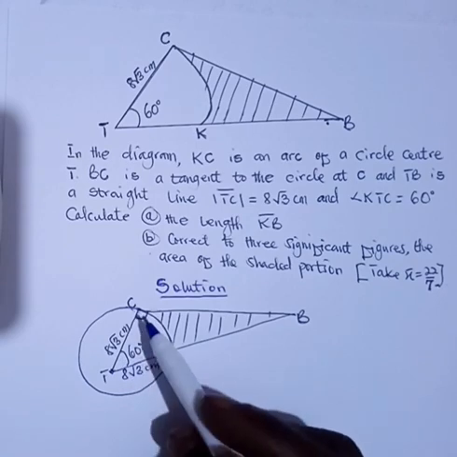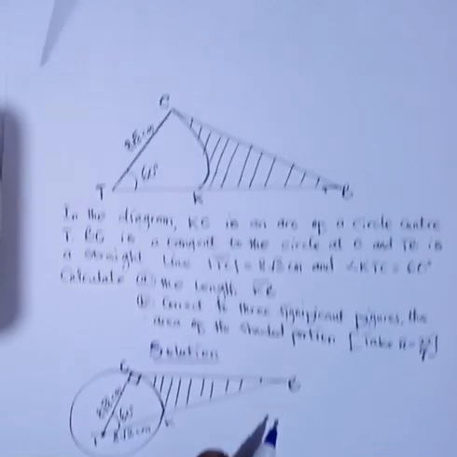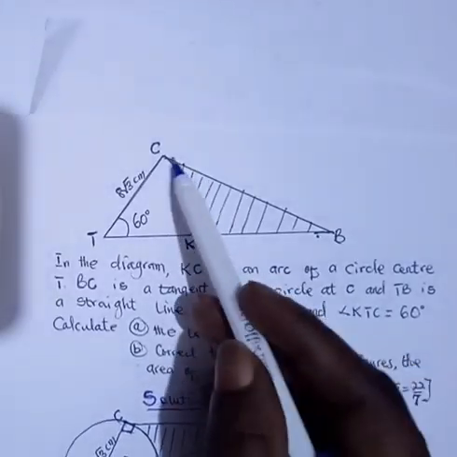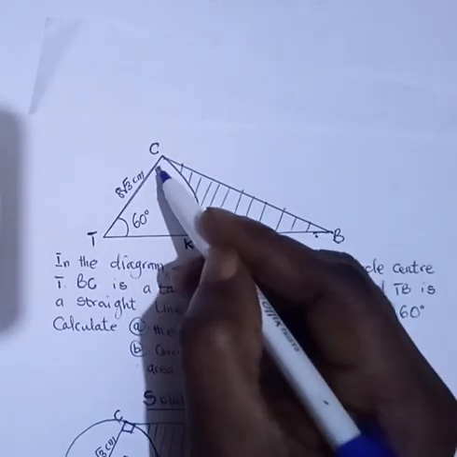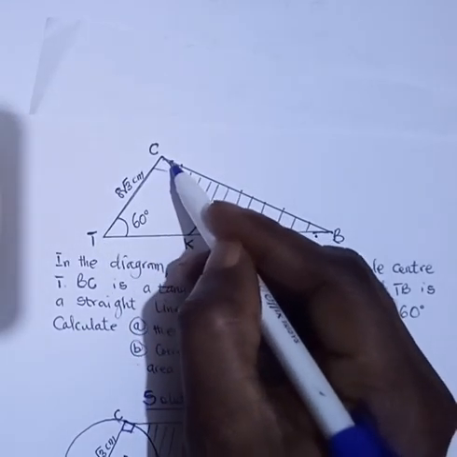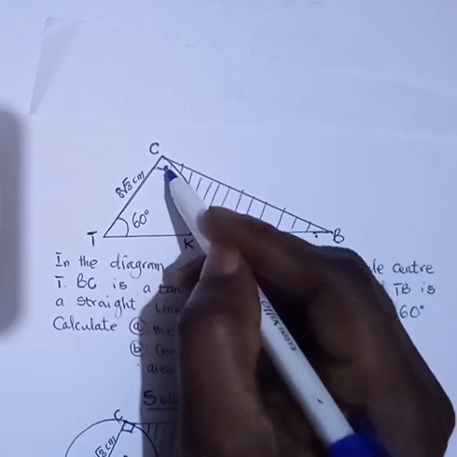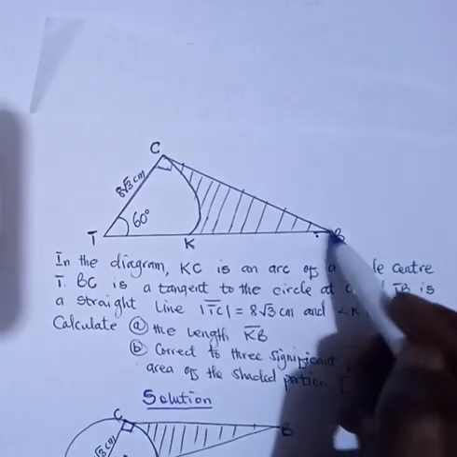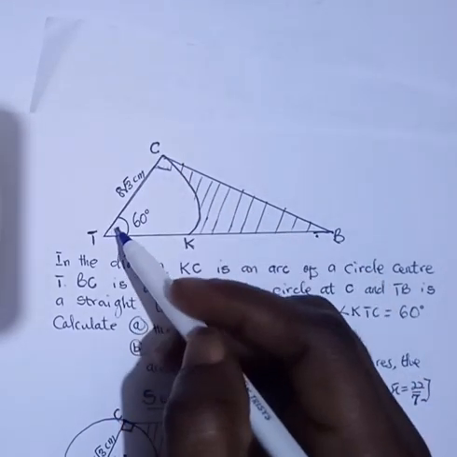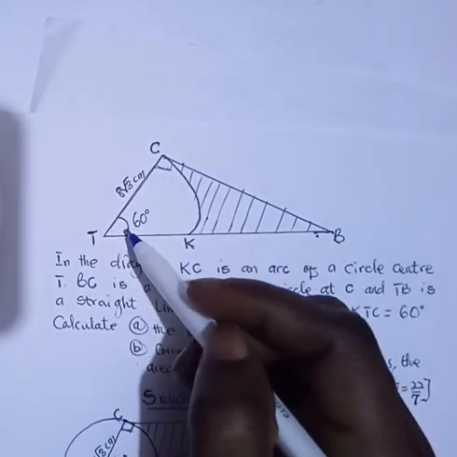Good. So looking at the entire diagram in the question, you see that the whole diagram is a right angled triangle because this particular angle is a right angle, and it is 90 degrees. Have you gotten that?